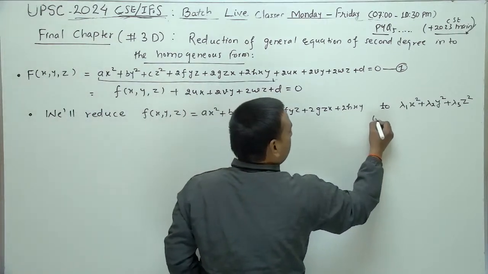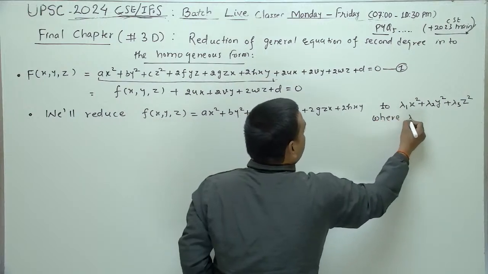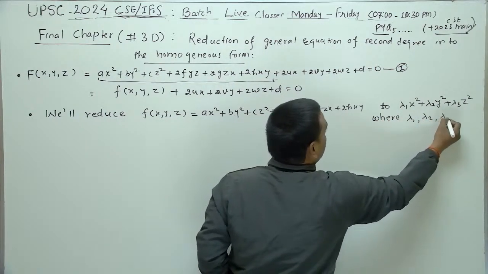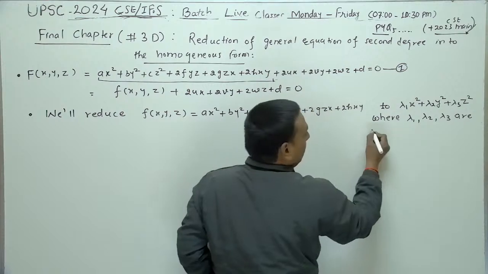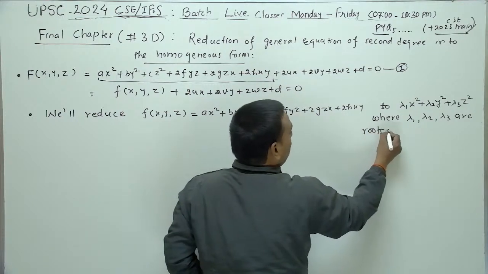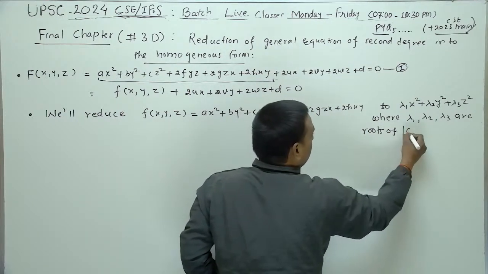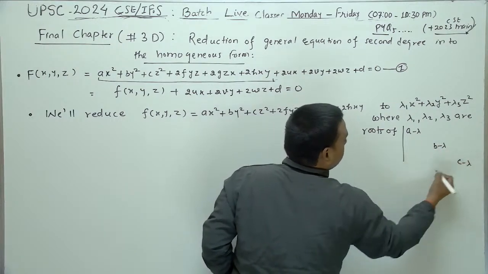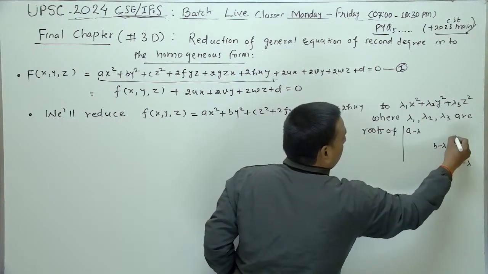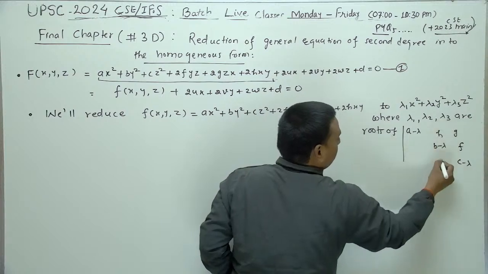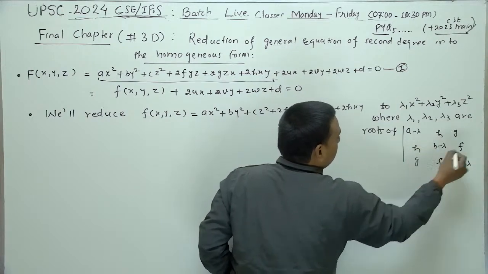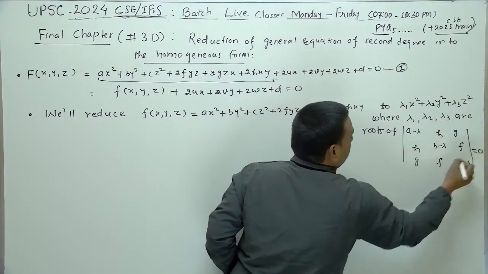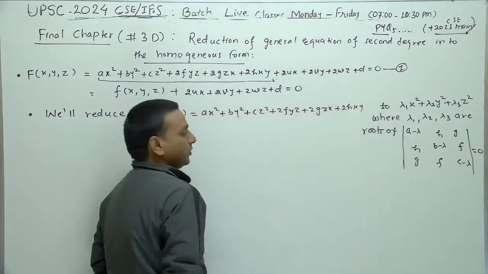So here lambda 1, lambda 2, lambda 3 are roots of the determinant with rows a minus lambda, h, g; h, b minus lambda, f; g, f, c minus lambda, equal to 0.